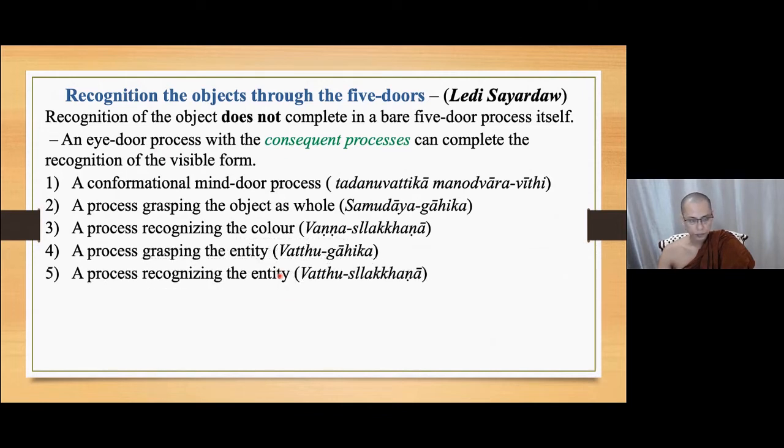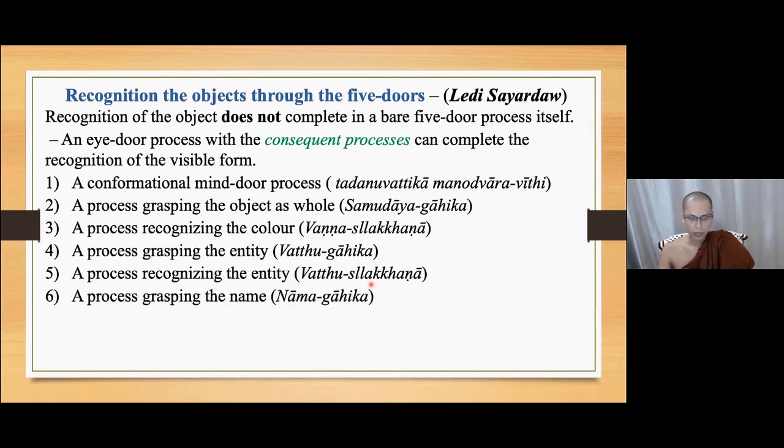Then the process of recognizing the entirety. So when the gahika has taken it, recognition again needs another process. And altogether there are 5 processes. So there is the gahika and the sanlakkhana, the gahika being taking and the sanlakkhana being recognition.